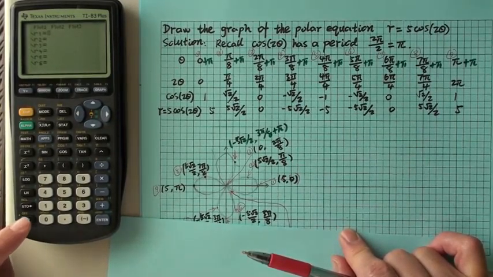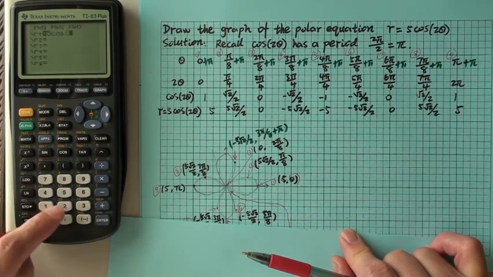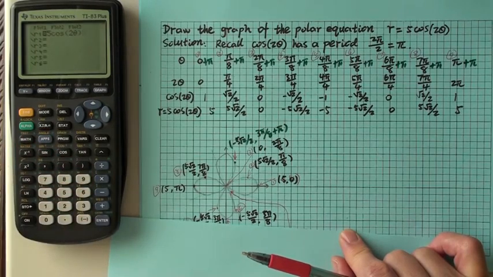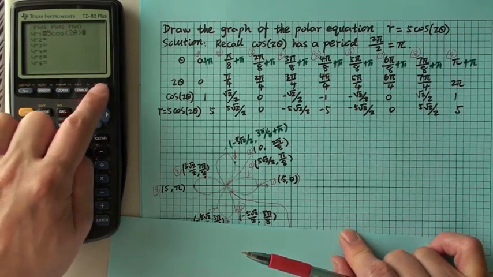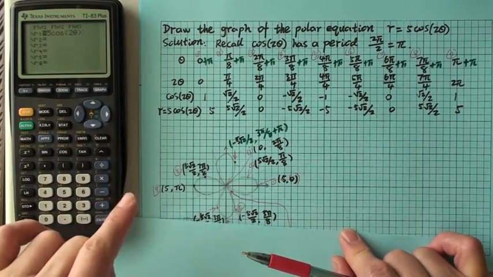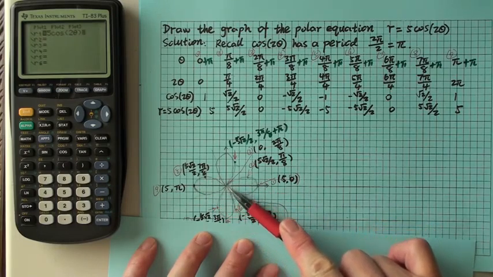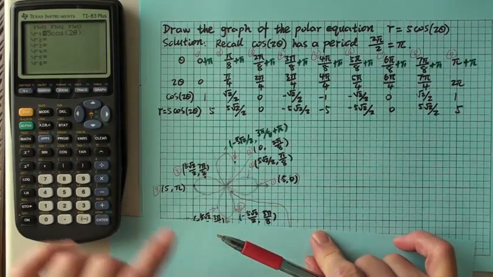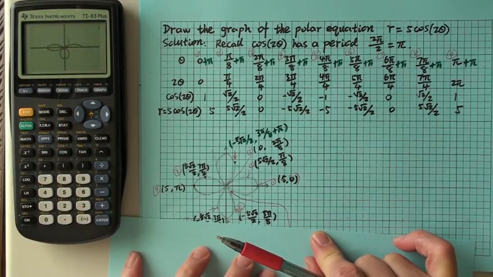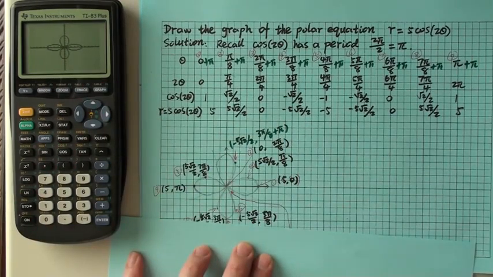Right now, let me put 5 cosine 2 theta, close parenthesis. You graph it. When you graph it, you want to see the direction. It actually goes in this way. Okay, very nicely. Look. See that? Yeah, so the graph goes in that way.